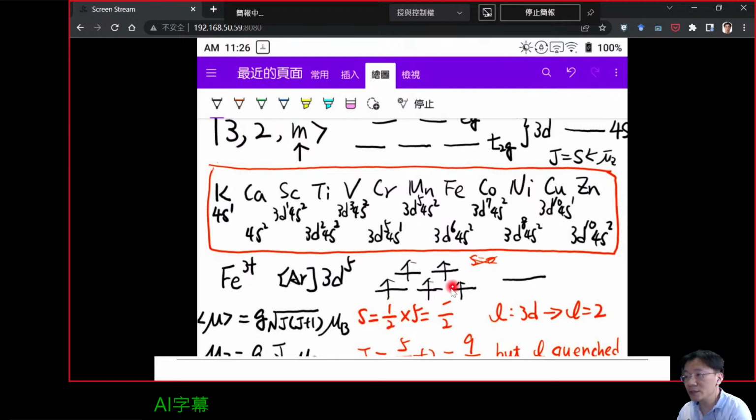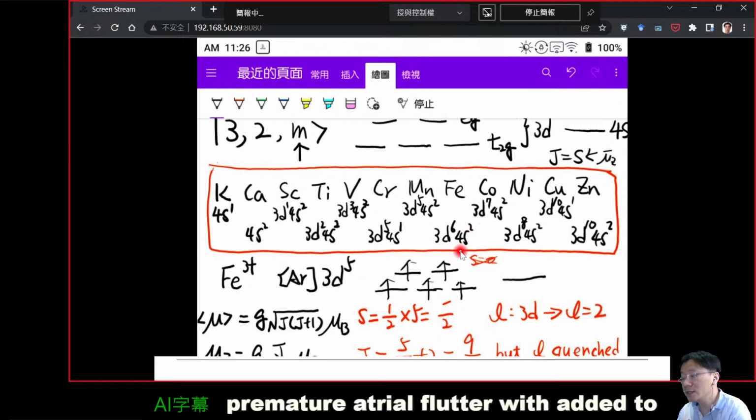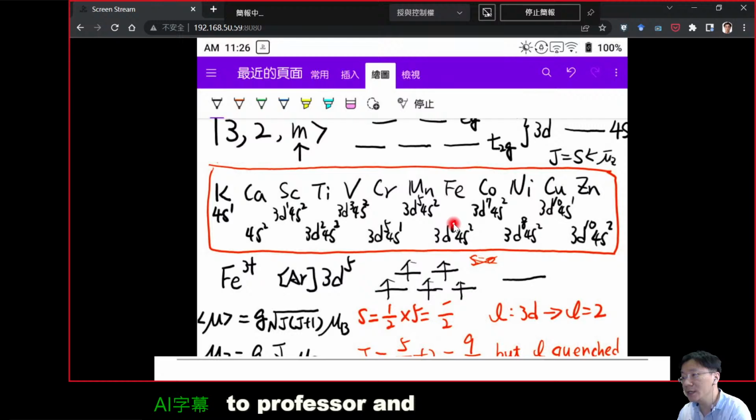So this is the case for the trivalent ion. The electron configuration of the ion is like this one. So they have 3d6, 4s2, and when we remove 3 electrons from the orbitals, we eliminate 2 from the 4s orbital and remove 1 from here. So we will get 5 parallel spins of electrons in the orbital.